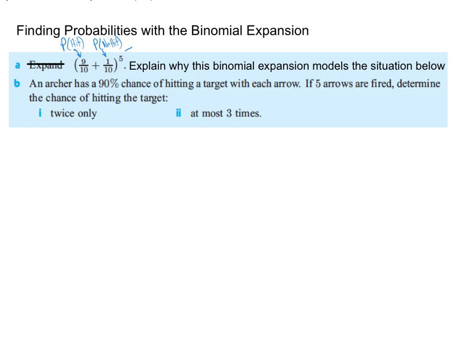Good. Think about this experiment, so to speak, as shooting an arrow. How many times are we going to repeat that? 5 times, because we're going to shoot 5 arrows. So that would be your N? Very good. N equals 5.